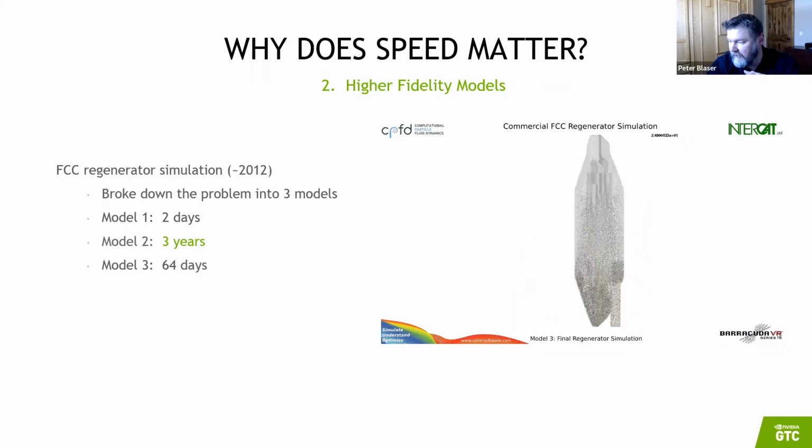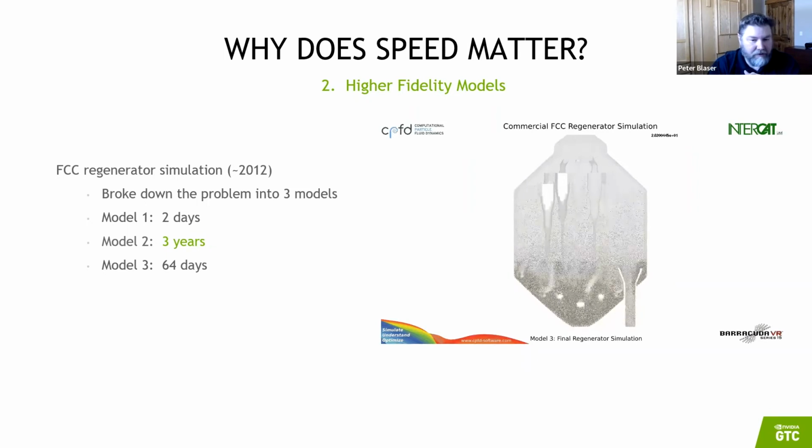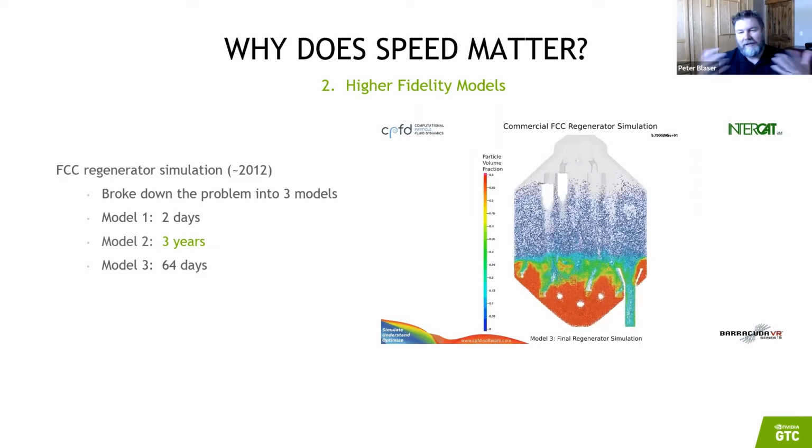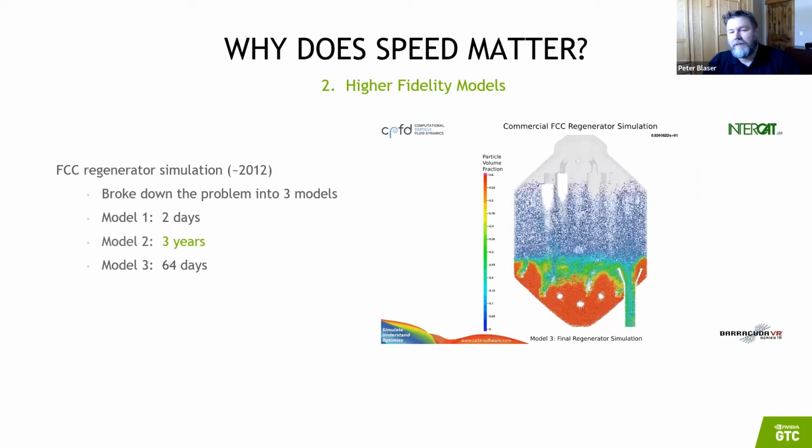And here we're seeing the catalyst particles moving through the system, and you see that the internals are having some effect. Deeper analysis shows some bypassing of the gas and the catalyst, and even talking about it is somewhat exhausting, right? This was a very long process.